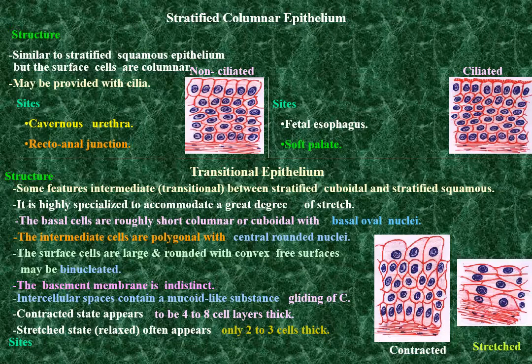The decrease in thickness is detected, although the actual number of layers remains constant. Sites: transitional epithelium is present lining the urinary tract, the pelvis of the ureter, the urinary bladder, and the prostatic male urethra.